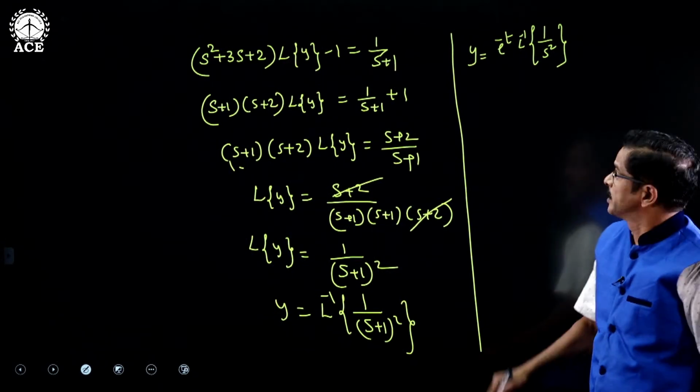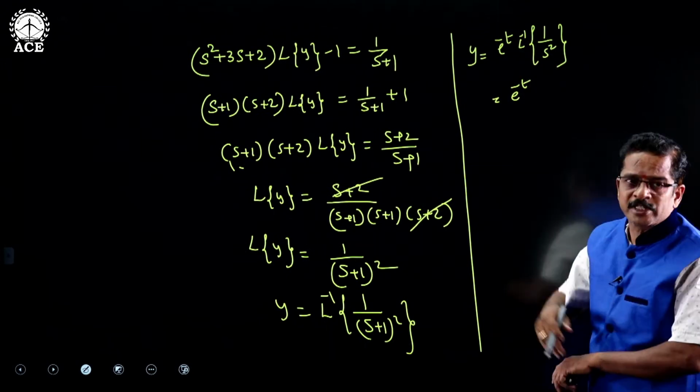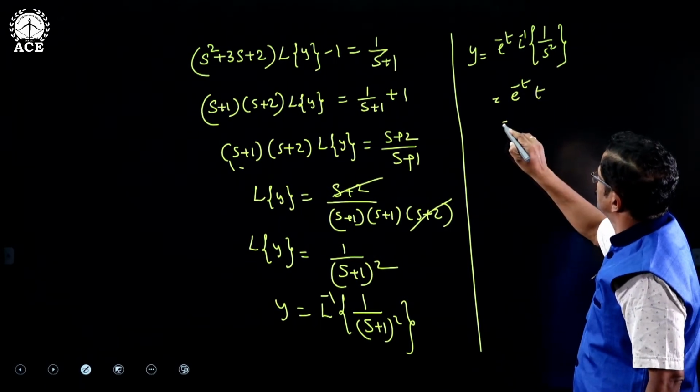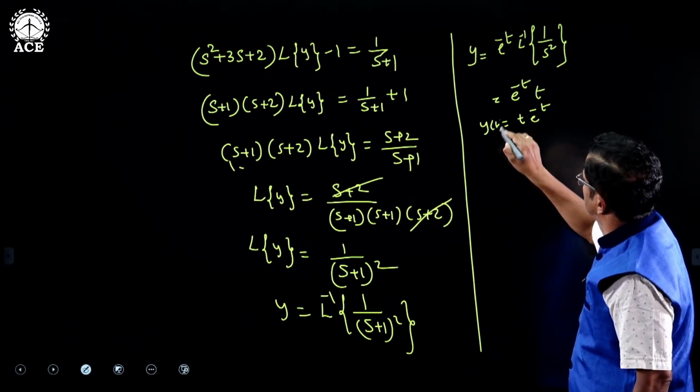So this equals e power minus t times the inverse Laplace transform of 1 by s square, which is t, a standard Laplace transform. That equals t e power minus t. This is y of t.